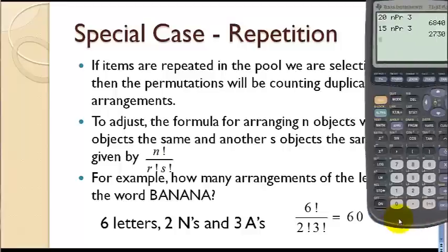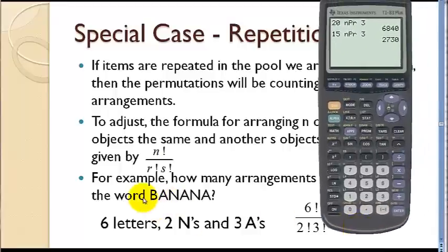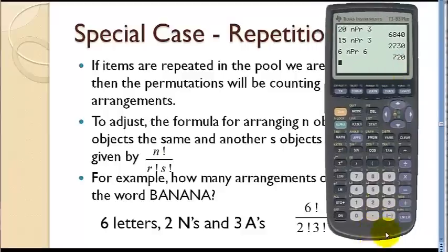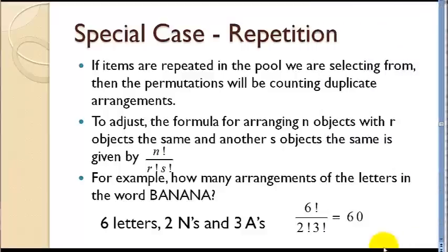If this had been a 6-letter word and none of the letters were repeated, this would be a 6, and then math, probability, nPr, and we would say, let's say we're using all 6 letters each time, we would have 720 possible arrangements. So because of the duplicated letters, there are fewer arrangements that we can make.